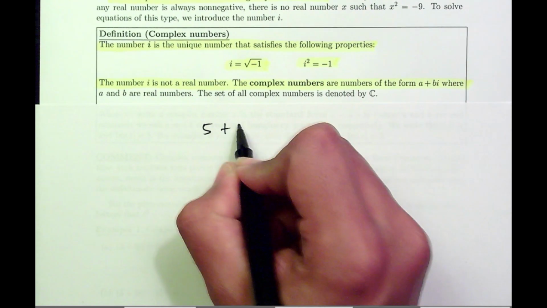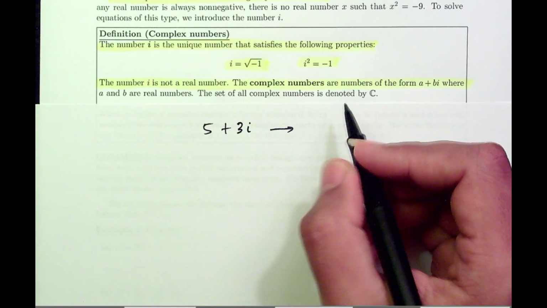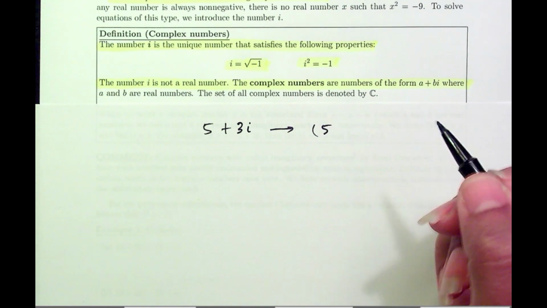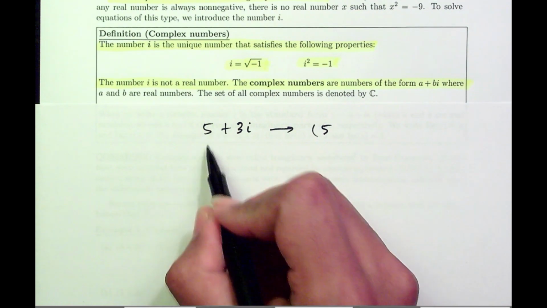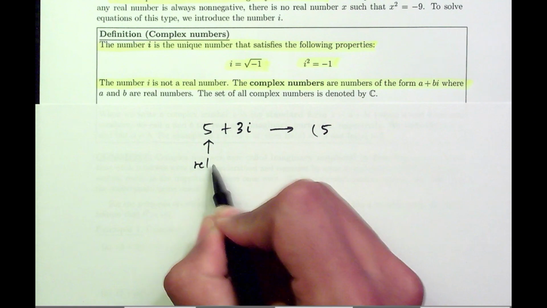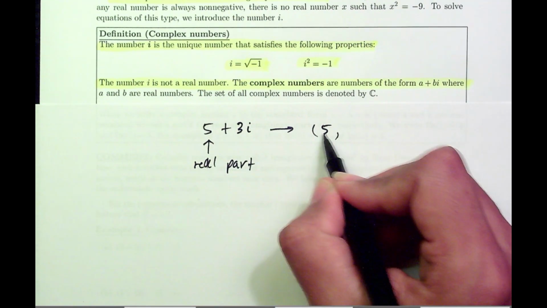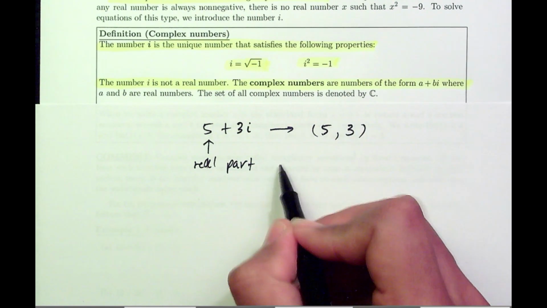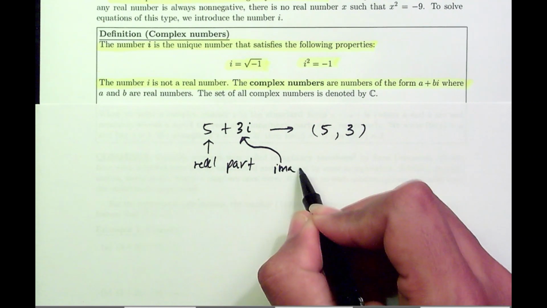For example, this is a complex number, 5 plus 3i. You can think of these complex numbers as points in the plane where the first coordinate is the 5, which we call the real part, and then the y coordinate is the 3, the number in front of the i, which we call the imaginary part.